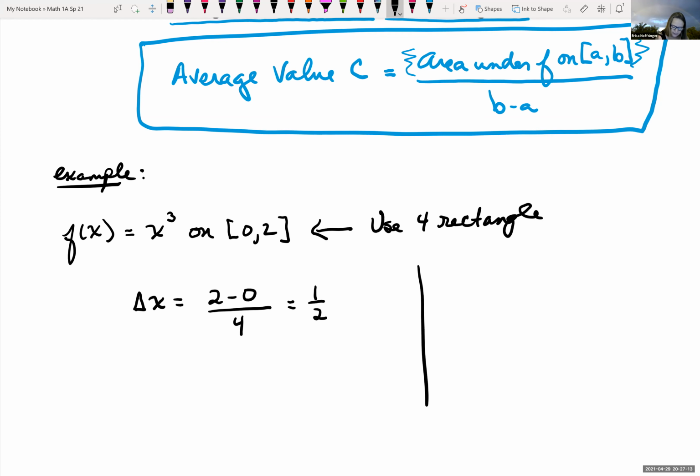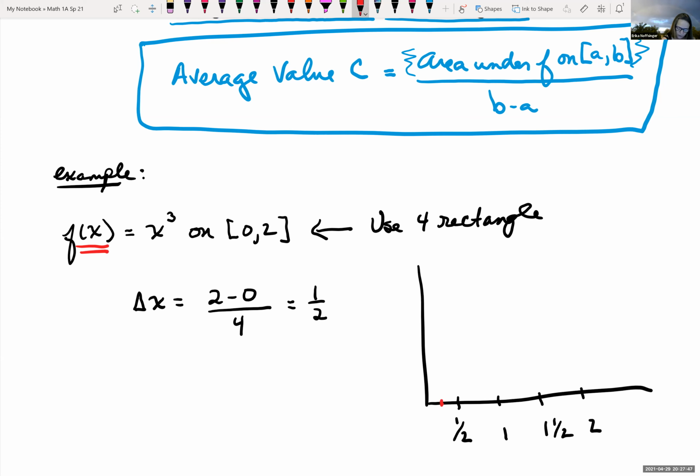So if we look at this, we're going to have one at 1/2, one at 1, one at 1.5 or 1 1/2, and one at 2. Because it wants the midpoint, we want to look at the midpoint of each interval.